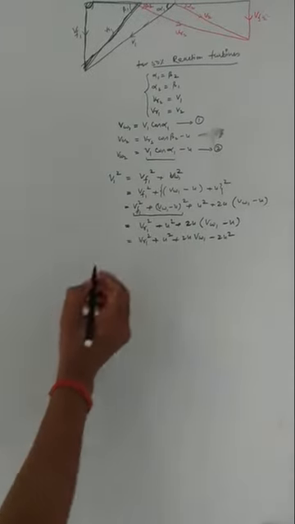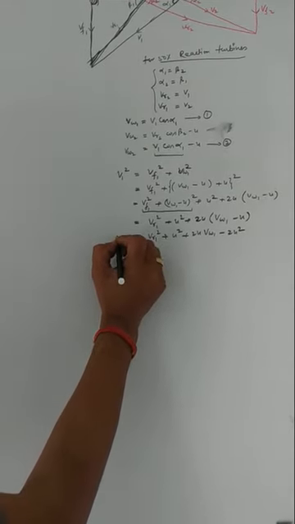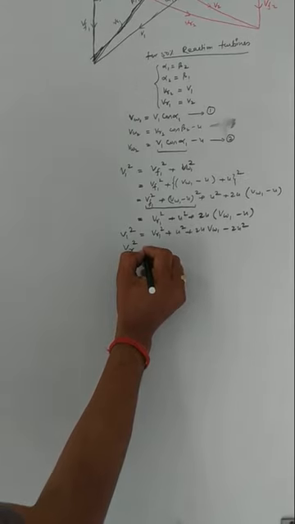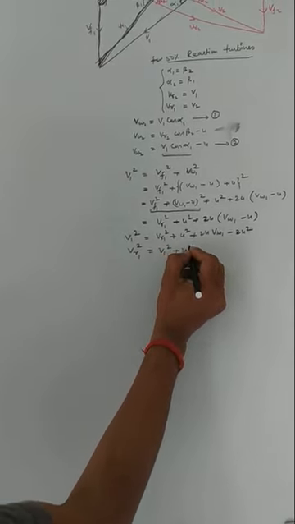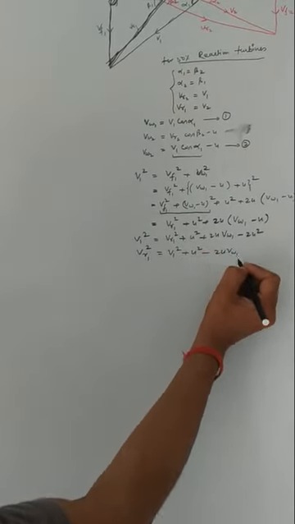Okay, so from there we can write VR1 square is equal to V1 square plus U square minus 2U VW1.